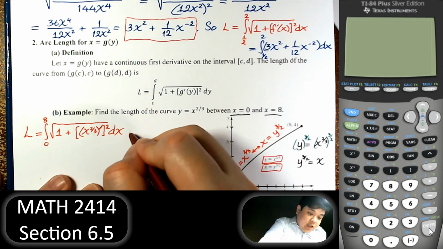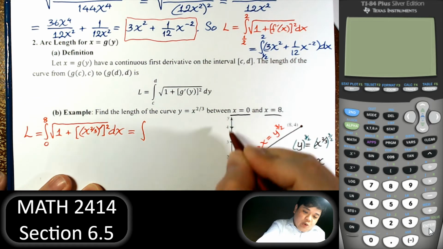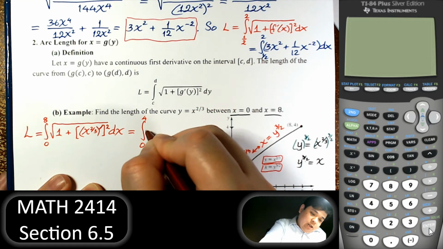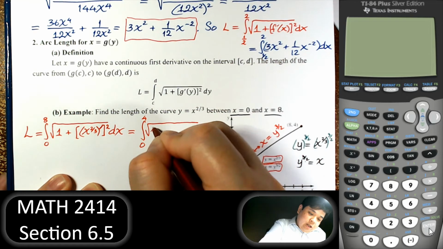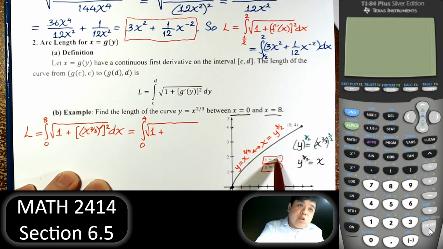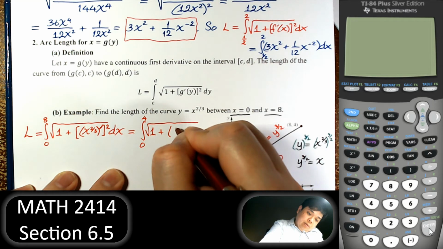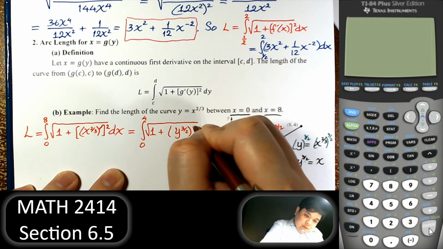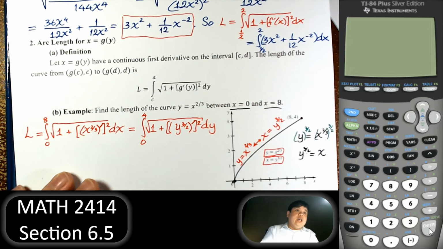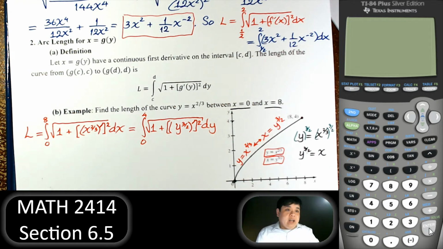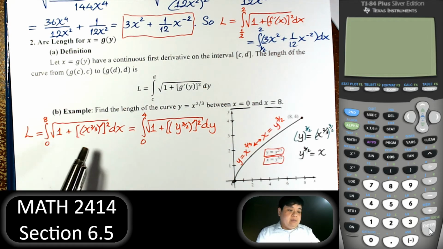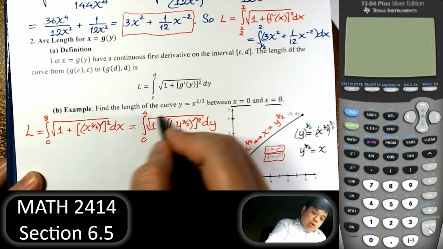Now if we want to do it in terms of dy, it's going to be 0 to 4, and the function, instead of x to the 2/3, we're going to use y to the 3/2, and we take the derivative of that, and dy. So either way, if we can use x, we can use y. Make sure the limits are for x and y, and then the function, make sure the variable is the same as the dx or the dy. Right, so now we're going to use this.